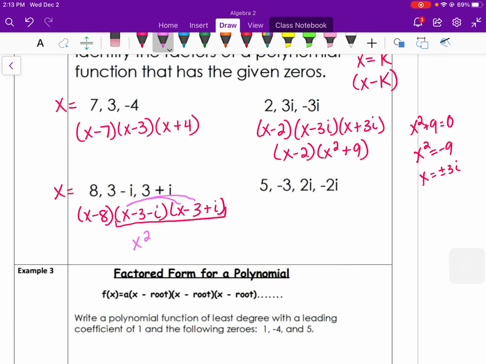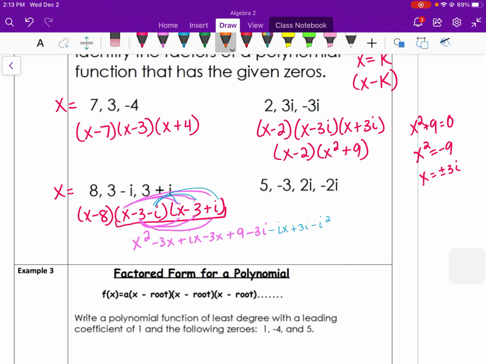X squared minus 3x plus ix, and then negative 3 times x, negative 3x, negative 3 times negative 3 would be plus 9, and negative 3 times i would be negative 3i, and then negative i times x would be negative ix, negative i times negative 3 would be positive 3i, and then negative i and positive i would be negative i squared.